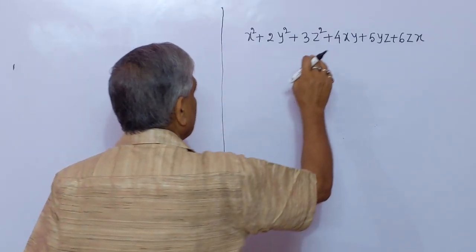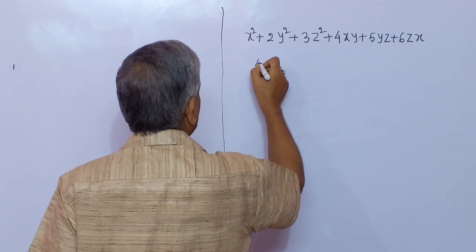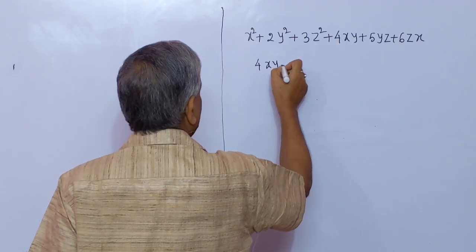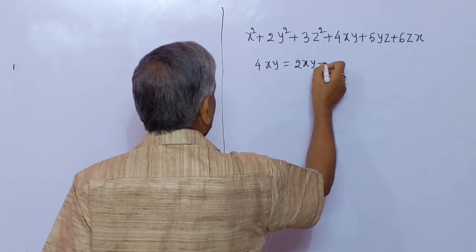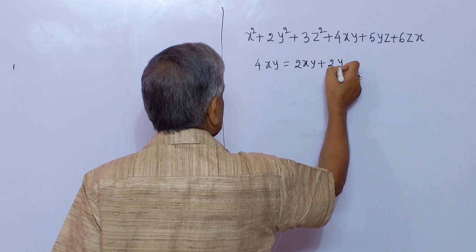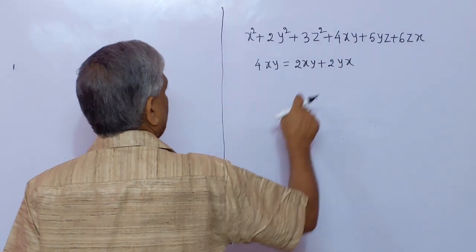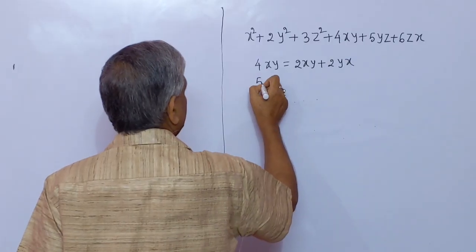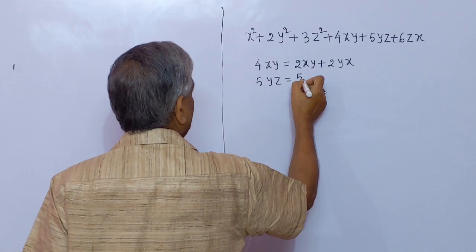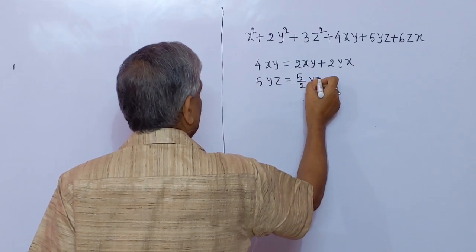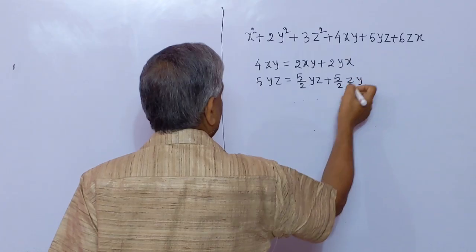Now here we see that we have 4xy. We may write this as 2xy plus 2yx. 2yx means 2xy. Here 5yz, we may write this as 5 by 2 yz plus 5 by 2 zy.